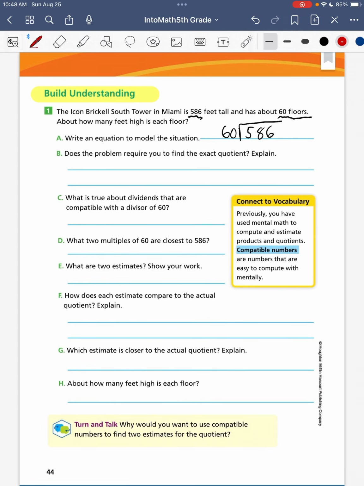Does this problem require us to find an exact quotient? No, because we have the keyword about. The word about means we do not need an exact quotient.